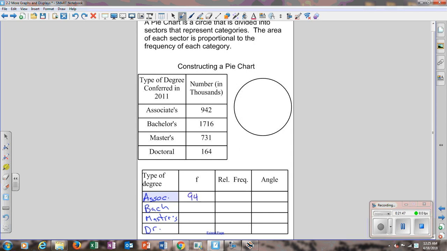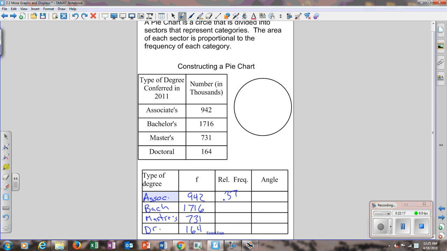Frequency is 942, 1716, 731, and 164. Relative frequency, you now take that 942 and divide it by your total. So 942 divided by 2553. And that gives you about 37% for your relative frequency.